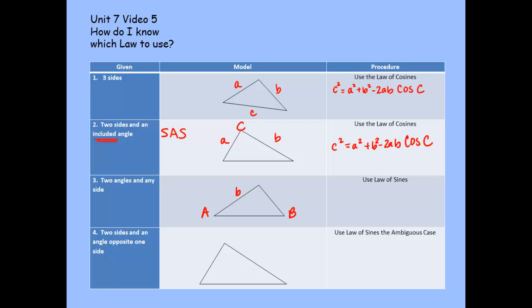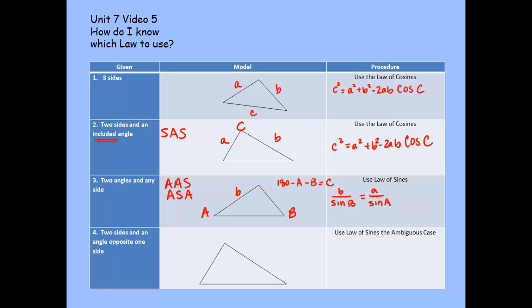So anytime you have 2 angles and a side, or angle, side, angle, any 2 angles, then I would be able to use the law of sines, which would be, for this case, little b over the sine of angle B equals little a over the sine of angle A. And then I would proceed to find the missing sides there.